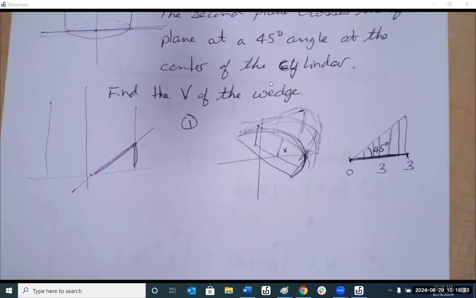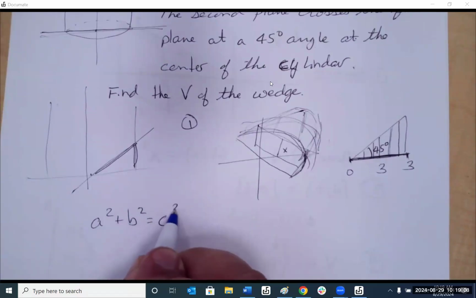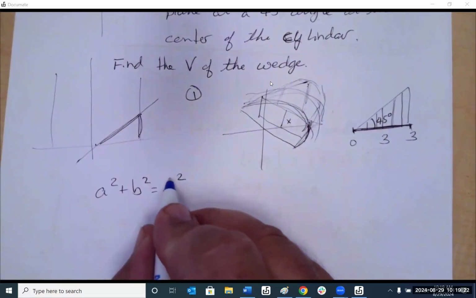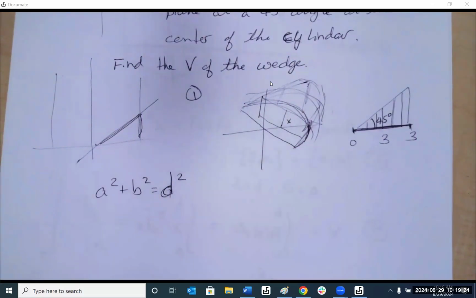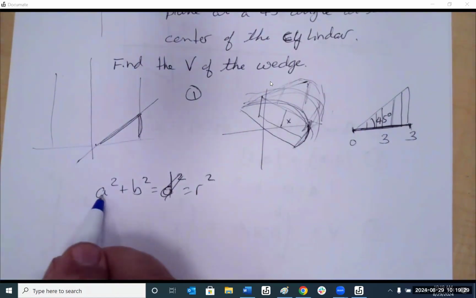What formula are we going to use? It's a circular cylinder, so what's the formula for a circle? Pythagorean theorem, where this is the radius, and this is your x.